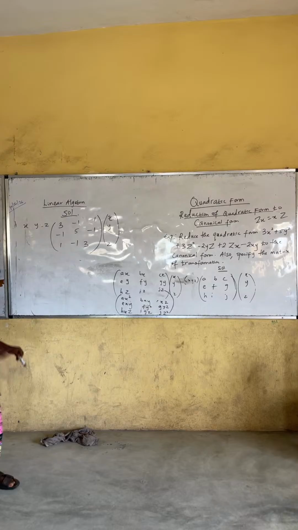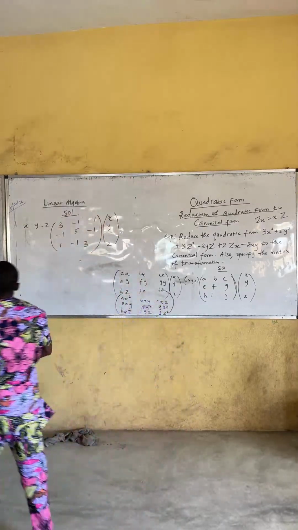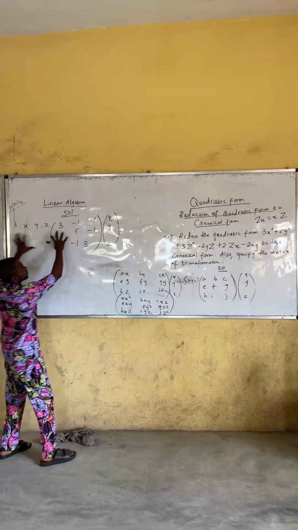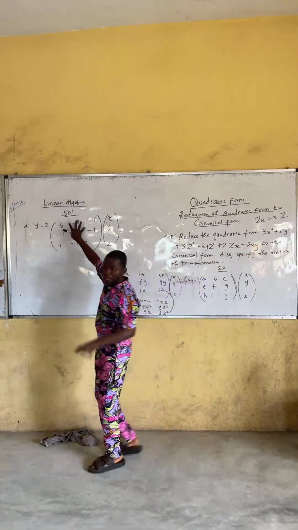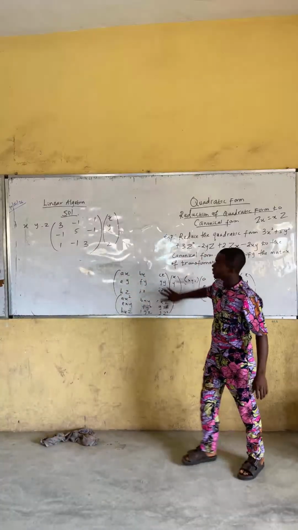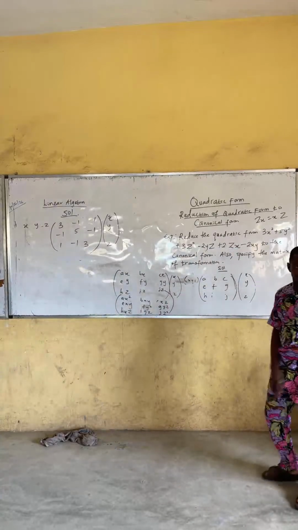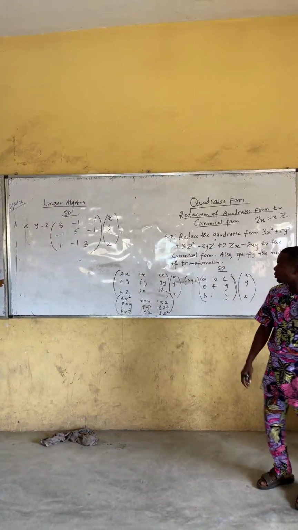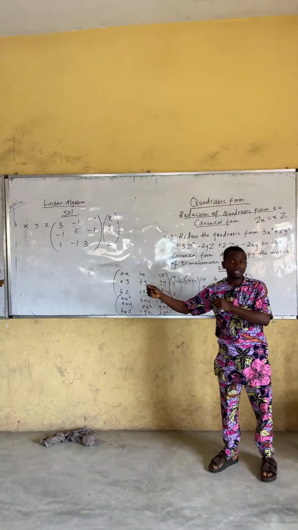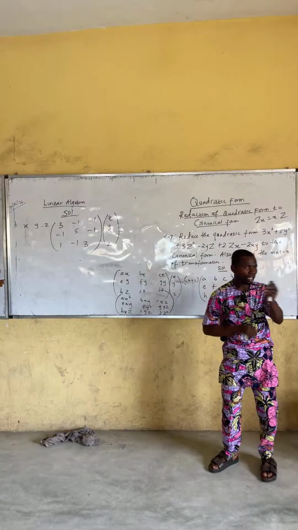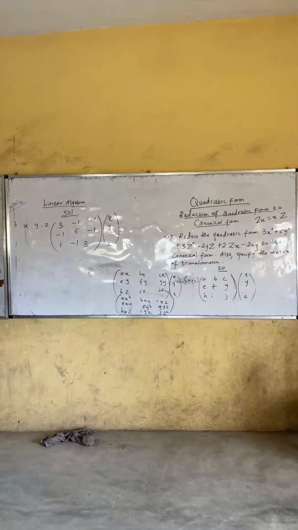Normally, if you try to expand this back, it will give you what we were given. If you expand it the way I expanded the other one, you can confirm it. But this one is better for you to know how to locate it somewhere, not in your note or in your exam script, just somewhere. Then you can just put it so that it can be very easy for you. Do you understand?